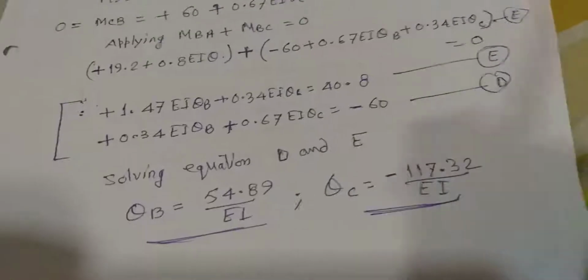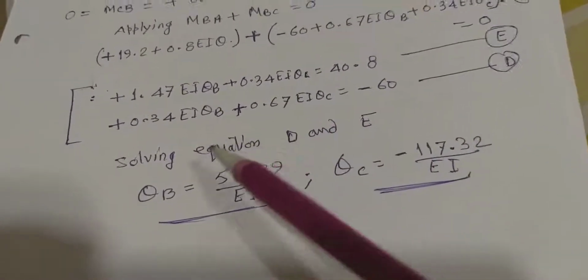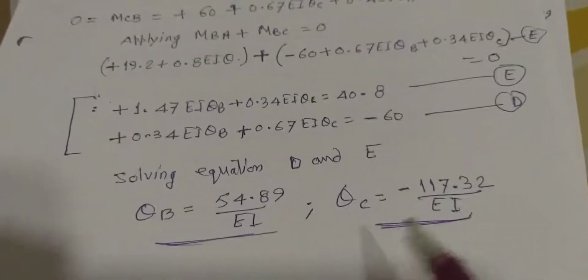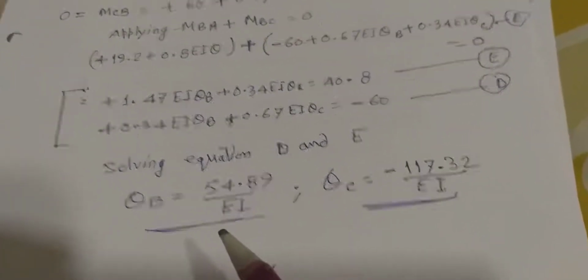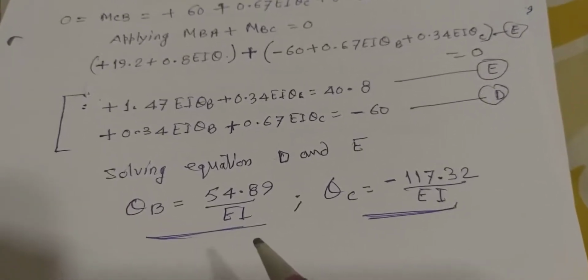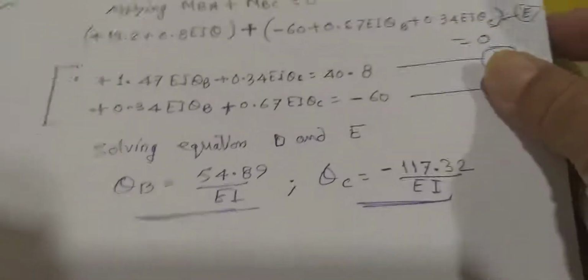With the help of these two equations, where theta B and theta C are unknown, we solve them and theta B and theta C can be calculated. The value of theta B comes out to be plus 54.89 upon EI, and theta C comes out to be minus 117.32 upon EI.